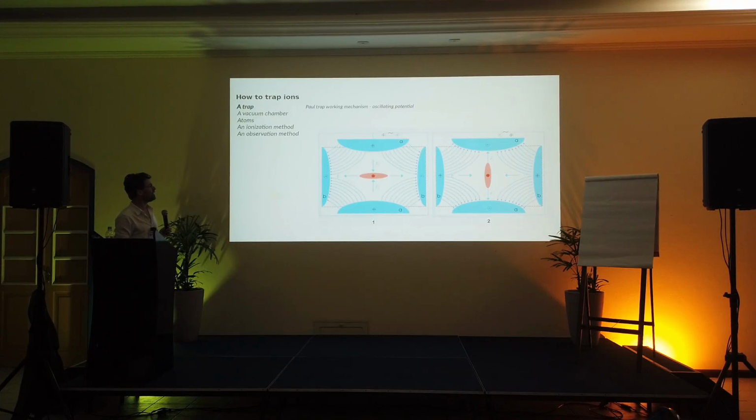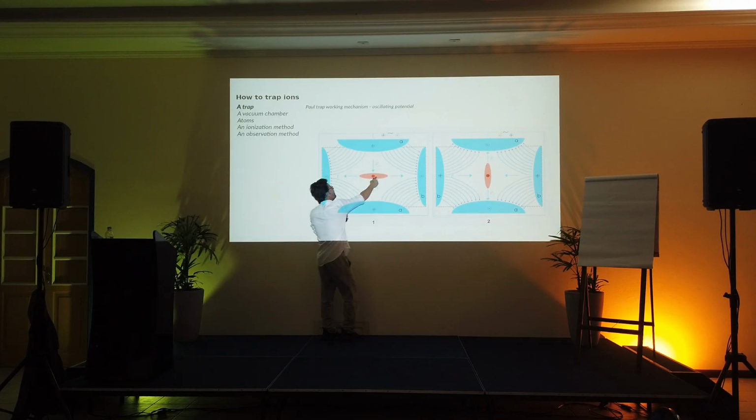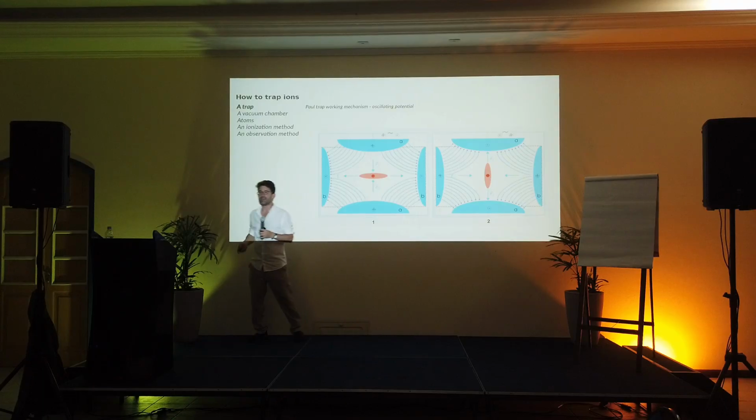He realized that if you have a configuration of electrodes like this, forming a quadrupole, and you alternate the potential in time, such that at a given time you have positive, positive, negative, negative, and at a subsequent time the opposite, the charge will try to go in one direction or the other, but in the end it will just revolve around the center in a dynamic confinement.